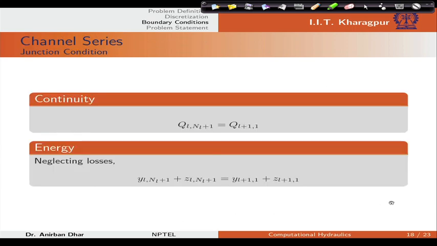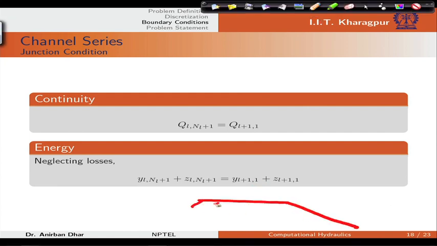Now, if you have channels in series, obviously our discharge will be the same for both cases, and we need to satisfy the energy condition at the junction point.